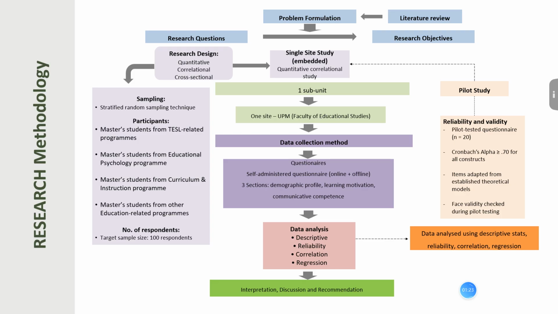Before the main study, a pilot test is conducted with about 20 students. Reliability is checked using Cronbach's alpha with a common target of 0.7 or above. For analysis, SPSS is used for descriptive statistics, correlation, and regression.